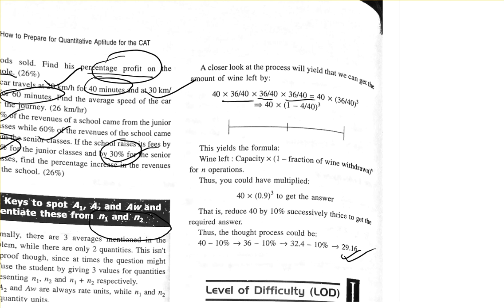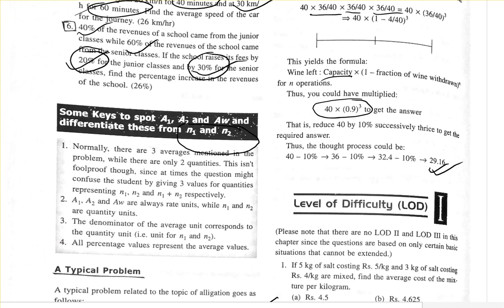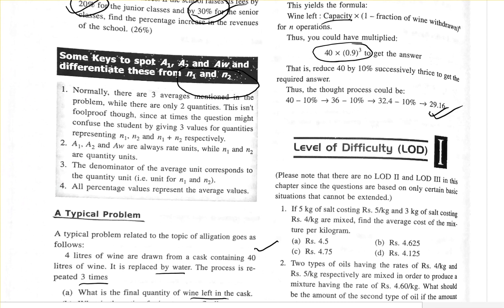Basically, wine left is equal to capacity into 1 minus the fraction of wine withdrawn, power n, for n number of operations. You can also do 40 into 0.9 power 3 to get the answer. Once you get the remaining quantity of wine, you obviously know the quantity of water. This is a very good problem, and it is usually repeated in all kinds of exams, so it will work for you.